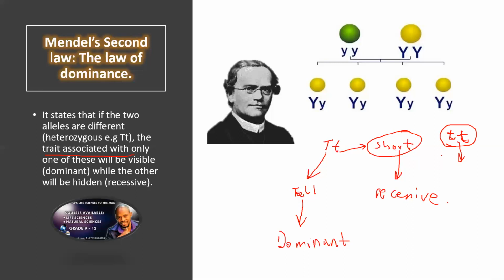Therefore, for a recessive trait to be expressed in the final phenotype, the alleles for that recessive trait must be in combination with one another or be in a homozygous state, or the dominant allele must be completely absent. Therefore, the recessive trait can express itself in the final phenotype. That was Mendel's second law.